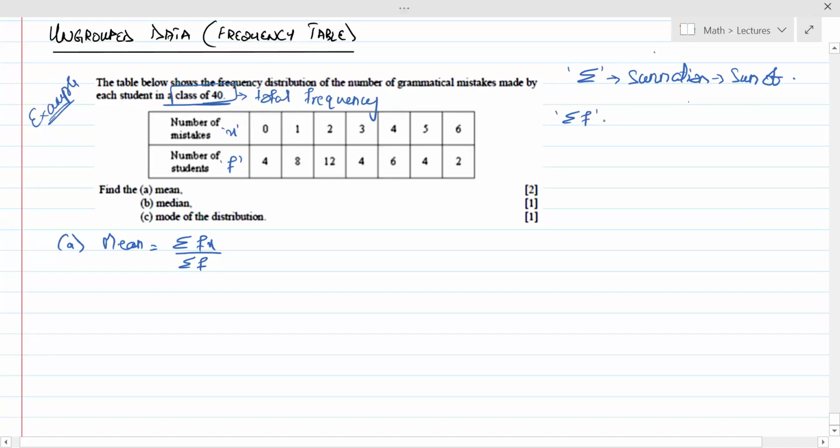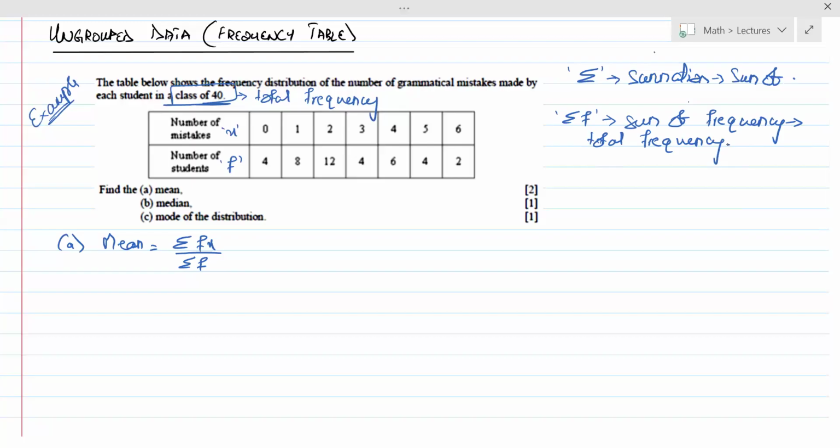Summation f means sum of frequency, which is basically the total frequency. In this case, it's 40 because this data distribution is about the 40 students. So summation f would be 40.